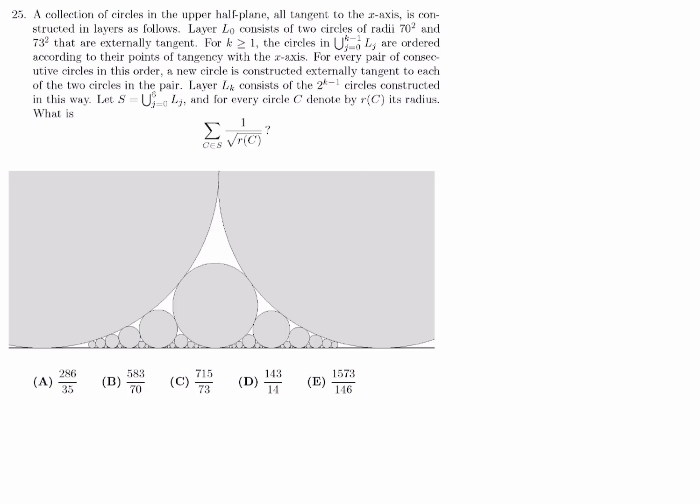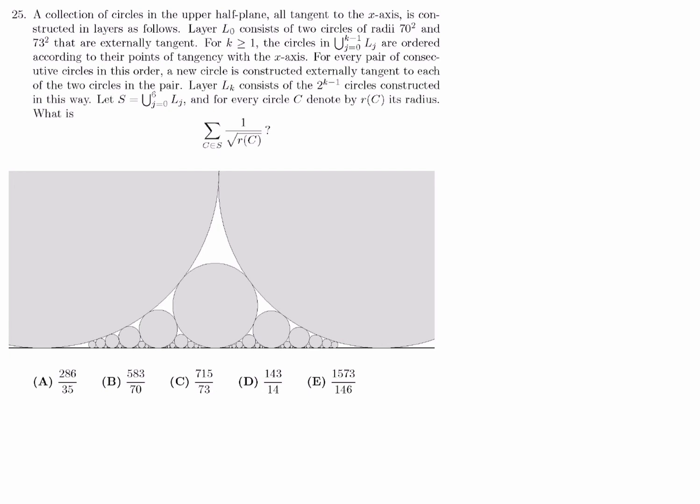A collection of circles in the upper half plane, all tangent to the x-axis, is constructed in layers as follows. Layer L0 consists of 2 circles of radii 70 squared and 73 squared that are externally tangent. For k greater than or equal to 1, the circles in the union from j equals 0 to k minus 1 of Lj are ordered according to their points of tangency with the x-axis.